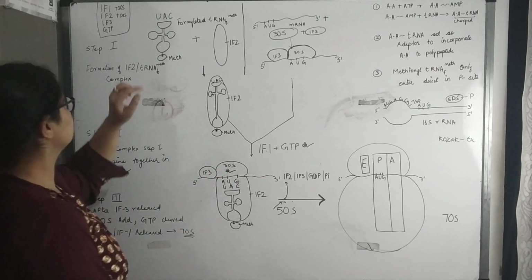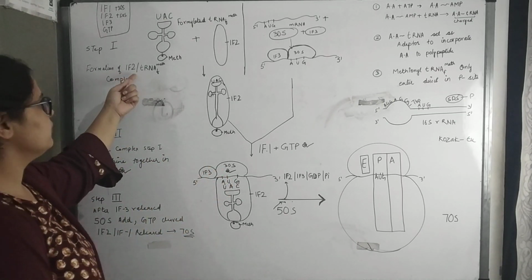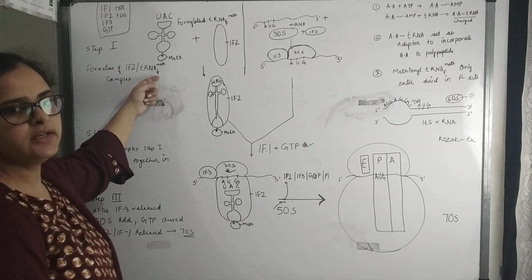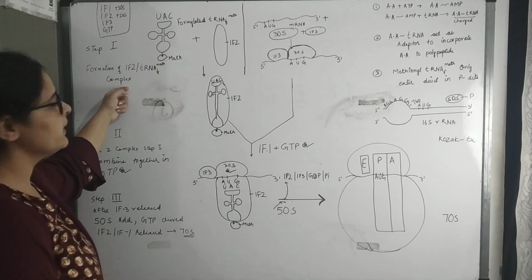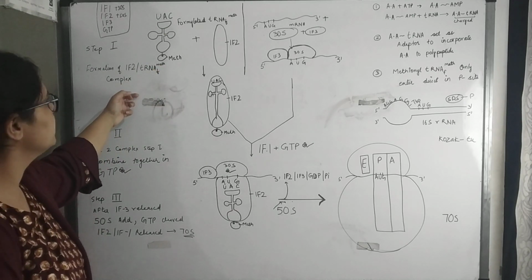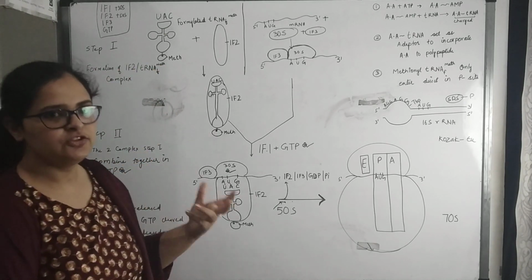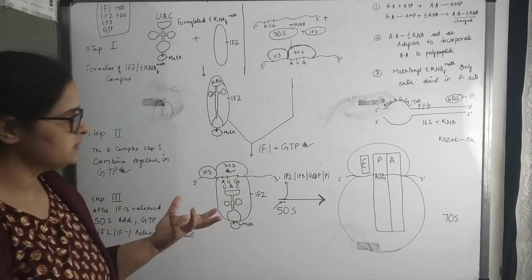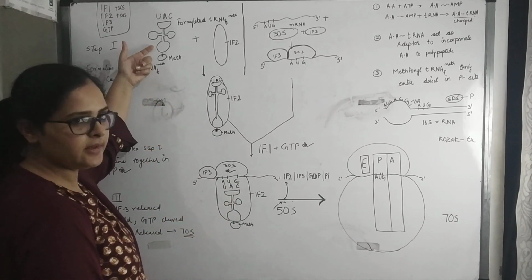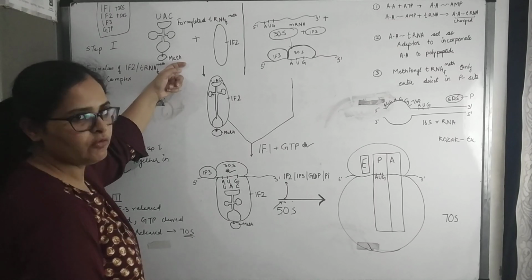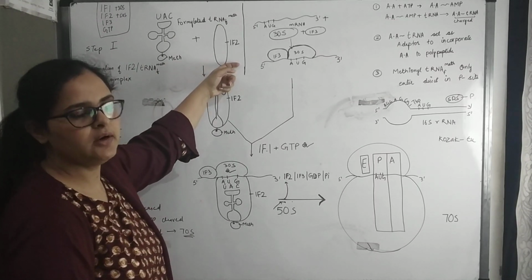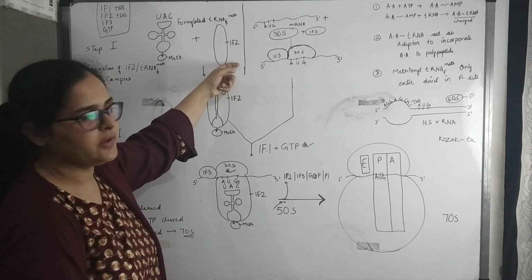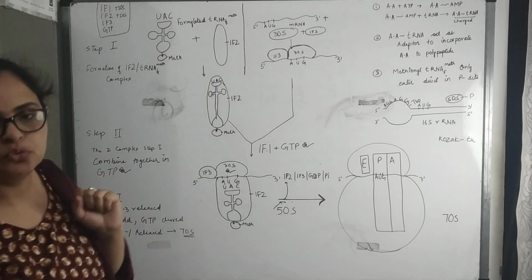So in the first step, the complex of IF2 and the formylated methionine tRNA will be formed. How will this complex be formed? Because for the initiation of protein synthesis, we need tRNA, we need one of the amino acids, and further accessories in the form of initiation factor 2.